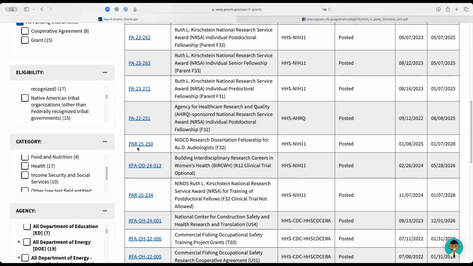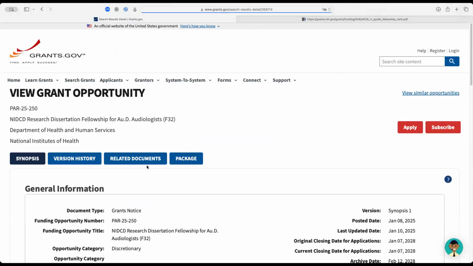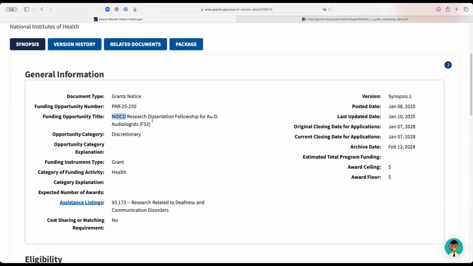Let's say you're getting your master's in speech pathology and saying my next step is to do a degree in audiology. Great. So we can see that for certain disciplines, we have these dissertation fellowships. They're designed to let you do the research, publish, and use that as a cornerstone of your doctoral program. So this is the lowest general level for NIH fellowships.